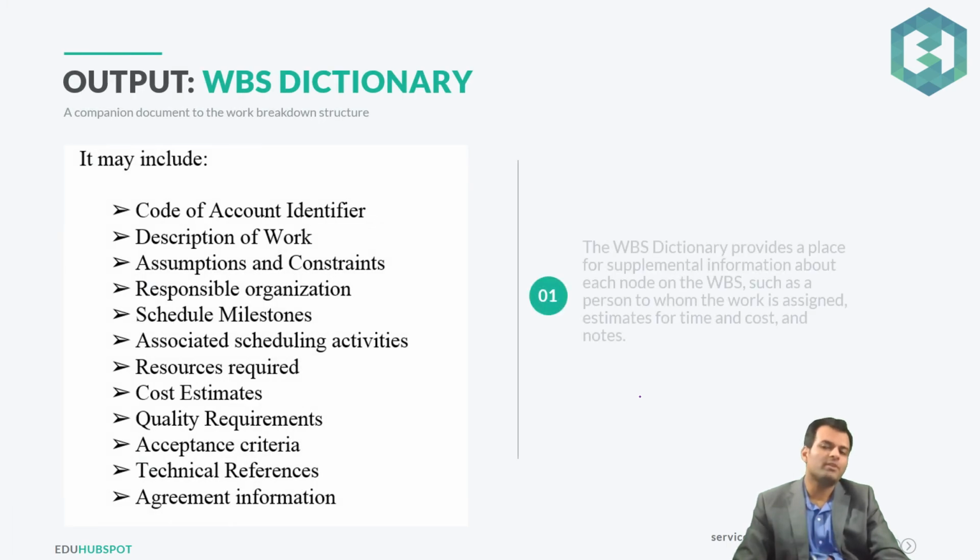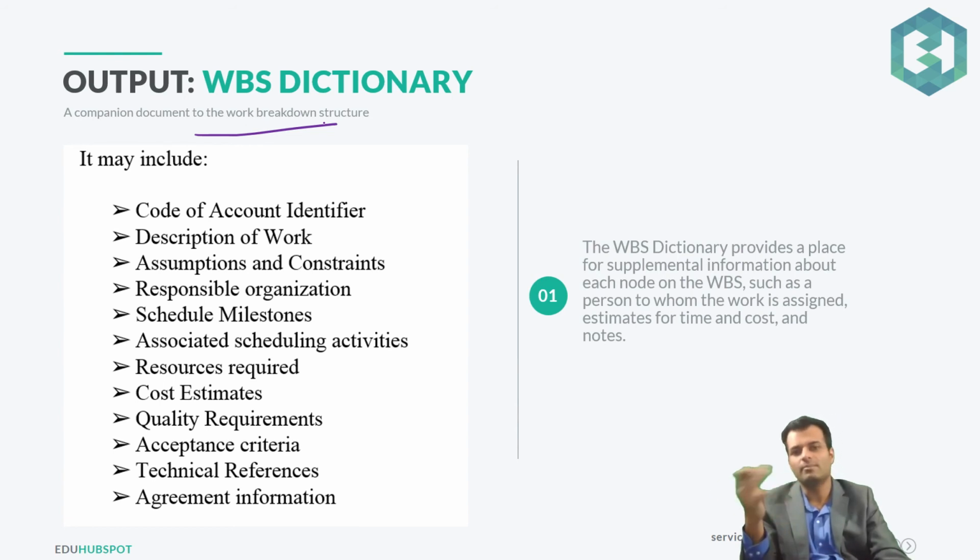The second document we have, which was another output, was the WBS Dictionary, which is a companion document to the work breakdown structure. Similarly, if you see what we did in the requirements document, we took the requirements and described them in much more detail in the scope statement. Similarly, whatever deliverables are mentioned in your WBS would now be described in much more detail in the WBS Dictionary.